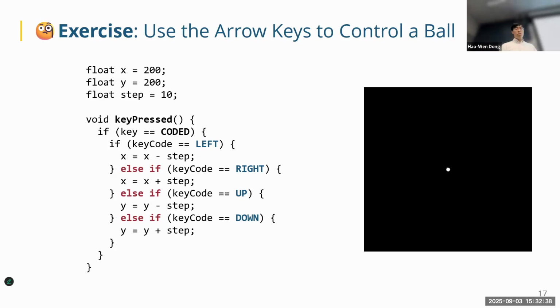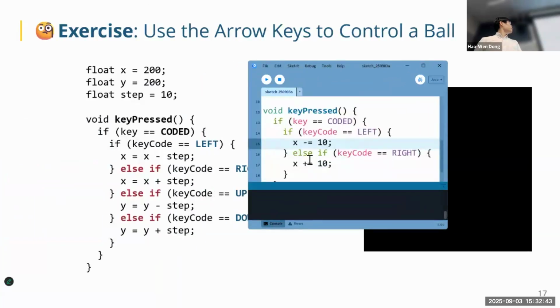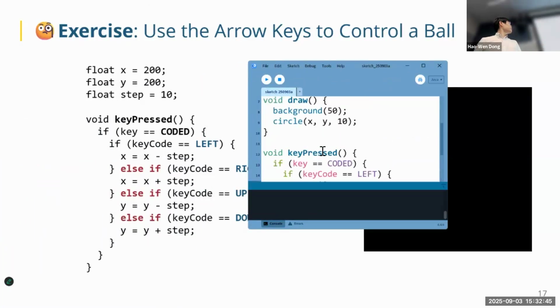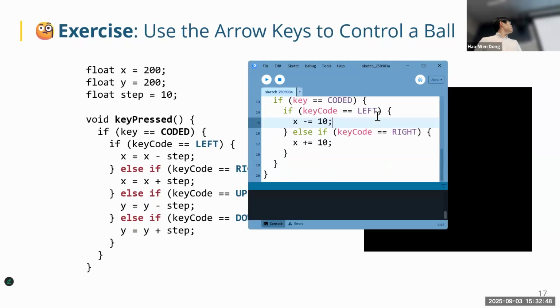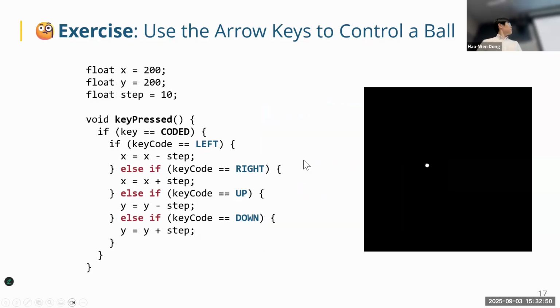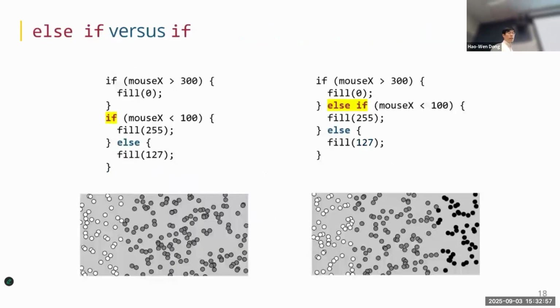So you can actually also rewrite what we have here to make it much cleaner. So you can move the if statement here. So if else versus if. If you look at the left-hand side and the right-hand side, it's slightly different. At the left, it's like if mouse X larger than 300, then we fill with 0.